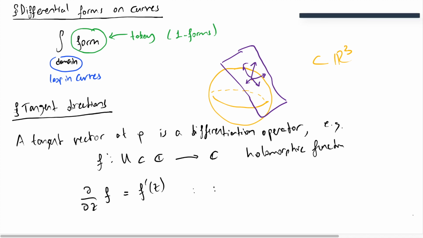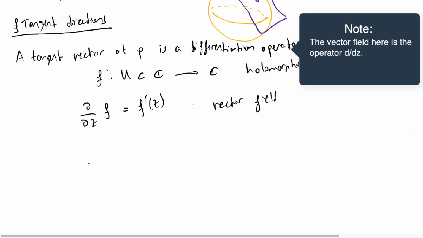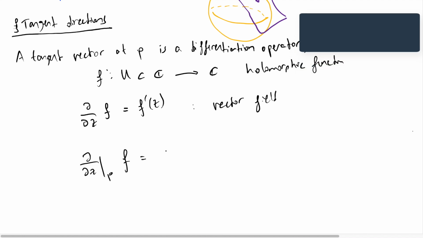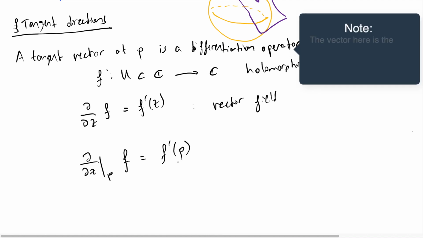So this is a vector field. And the underlying vectors, say at a point P, would take a function and return the evaluation of the derivative of that function at P. So this is a vector.